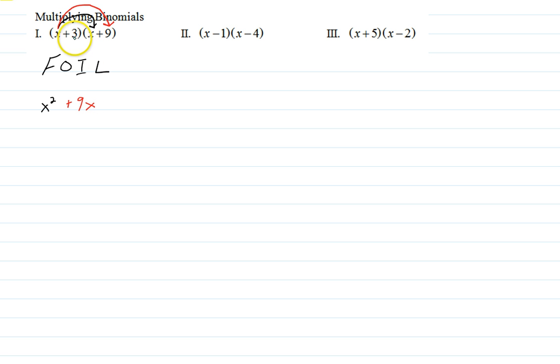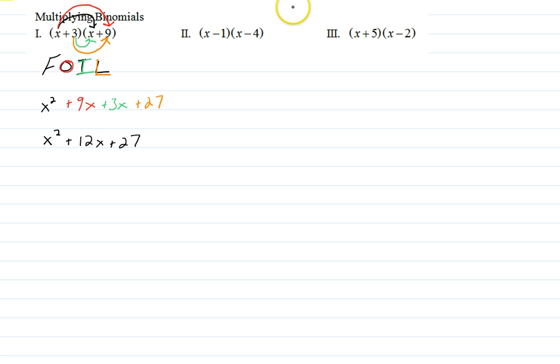The I stands for inner. Maybe I should write over it in that color so you can see. Okay, so now 3 times the inner numbers. 3 times x is 3x. And finally the L stands for last, so 3 times 9 is 27. Combine your middle terms, x squared plus 12x plus 27. So that's how you would typically do FOIL.